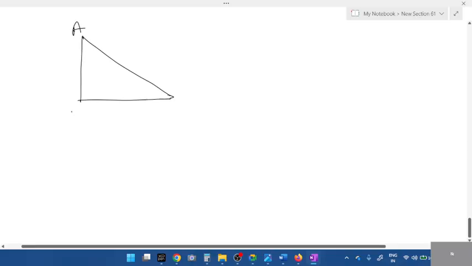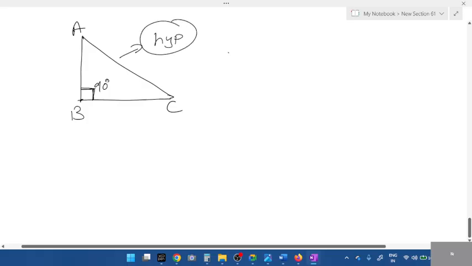In the right angle triangle, I'll take A, B, C. Which one is 90 degrees here? Which vertex is 90? Angle B, right? Wherever two straight lines meet, that is 90 degrees. If B is 90 degrees, which is the hypotenuse, students? AC is the hypotenuse.